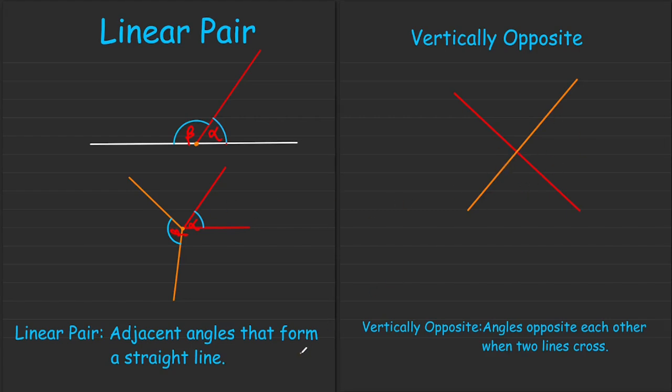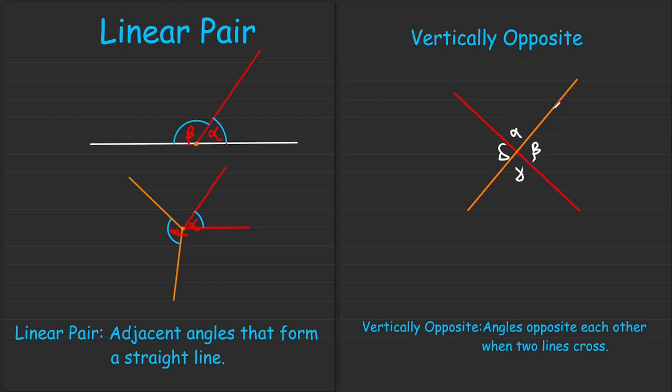So let's name these angles. I would call this one the alpha. So we have alpha, beta, then gamma, and then delta. There are some properties that these angles that were formed possess.